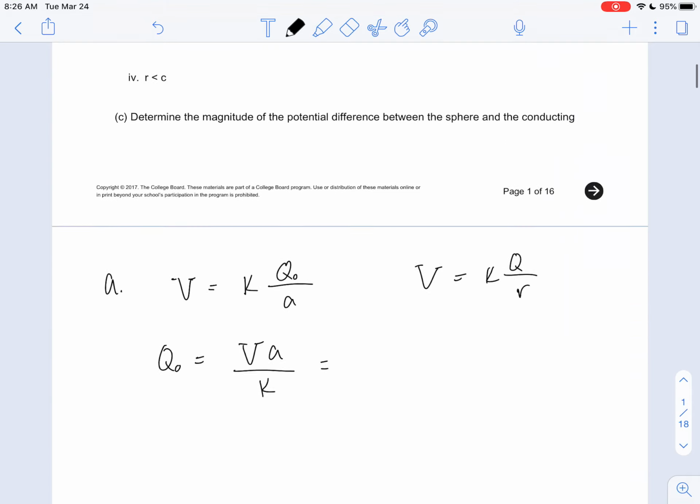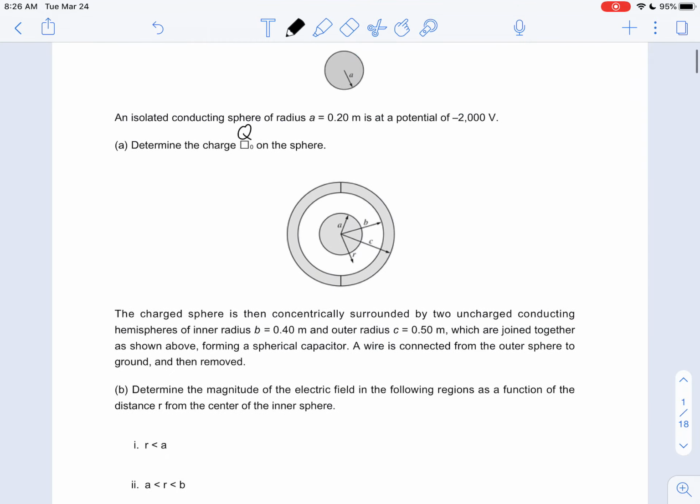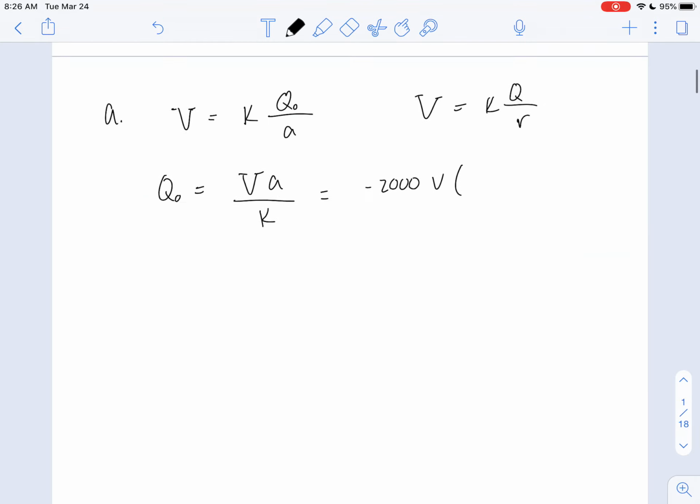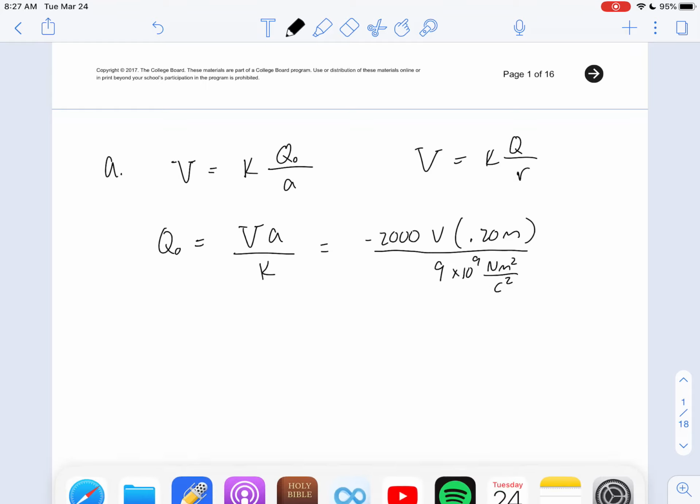So potential is negative 2000 volt, times that by A, which is 0.2 meter, and then we're going to divide by K, which is 9 times 10 to the 9 newton meter squared per coulomb squared.